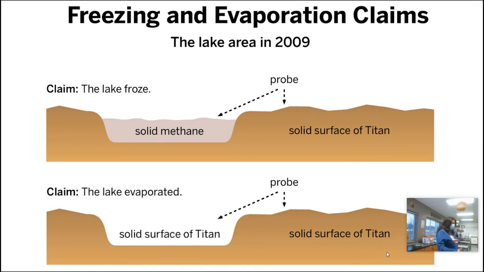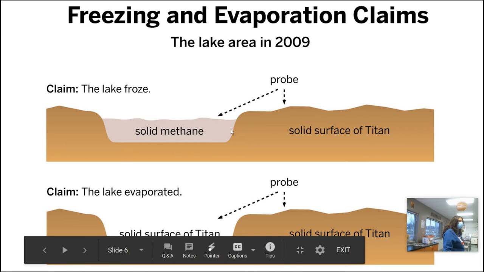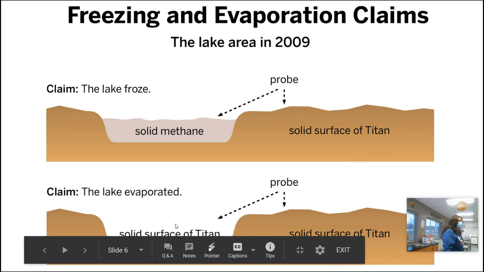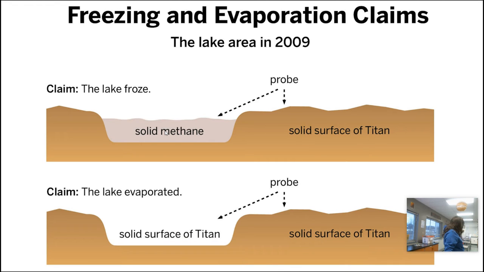In both cases, those probes would have taken pictures from above. Remember, these are cross sections, but our picture from above would have shown a different color if the lake froze. It would have changed color from the first picture because the first picture was much darker.